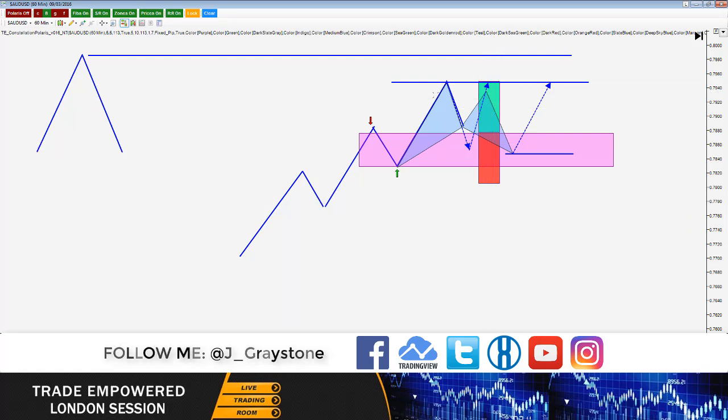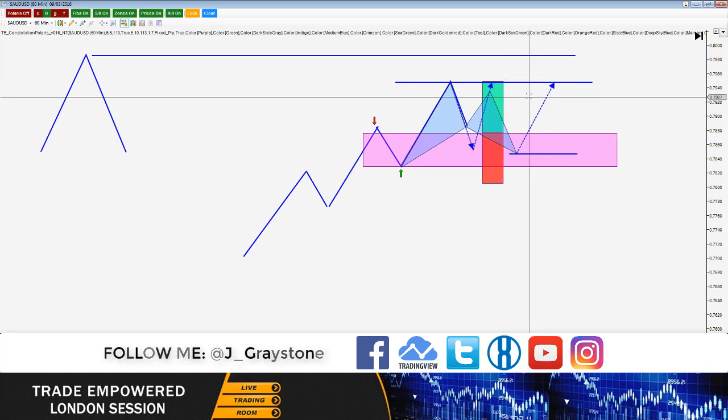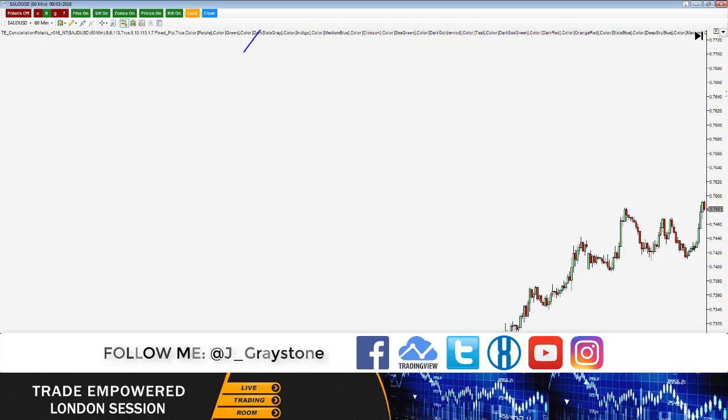Okay. But if we're not quite at previous structure and we've got a little way to go, I'll trail my stops up to extended targets, wherever that may be. All right, so that's how I'll handle that situation. Now let's have a look at that on the real charts.